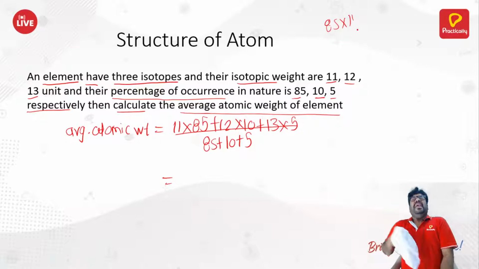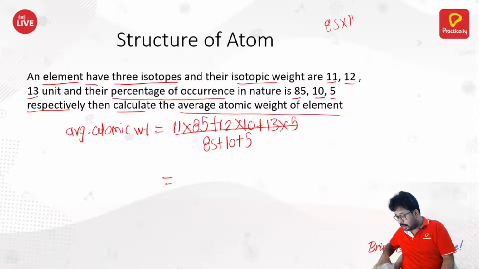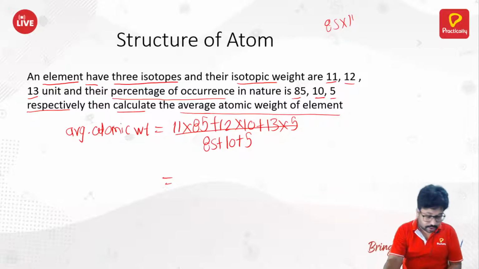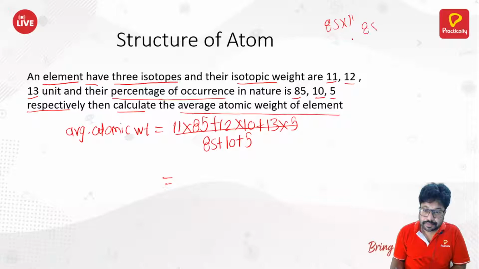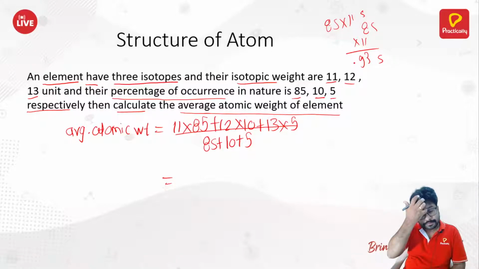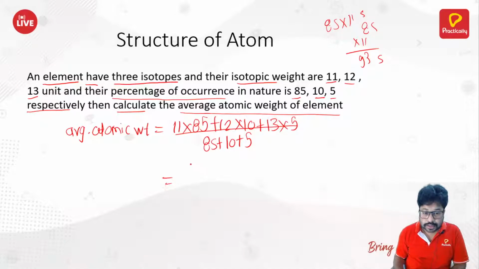85 into 11. 11 fives are 55, 11 eights are 88, 88 plus 5, 93. So you got 935 here. 12 into 10 is 120. 13 into 5 is 65, divided by 100.